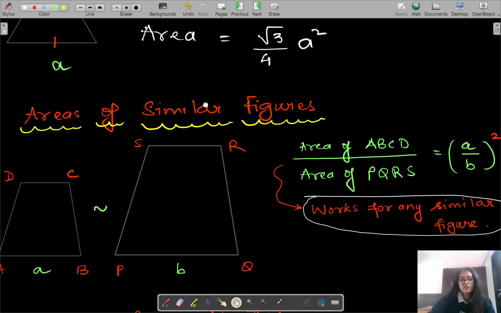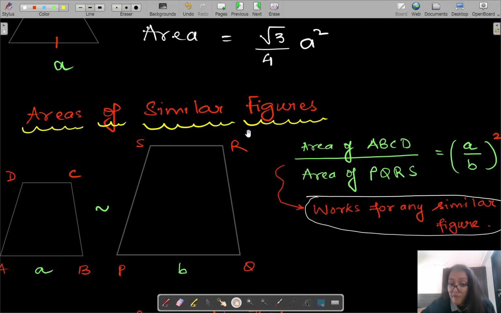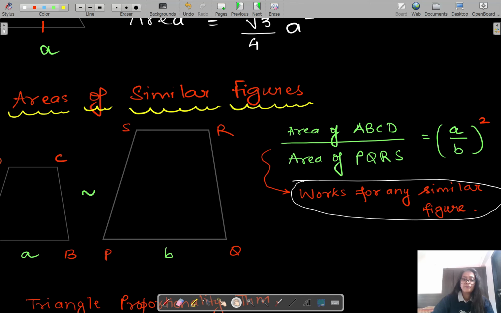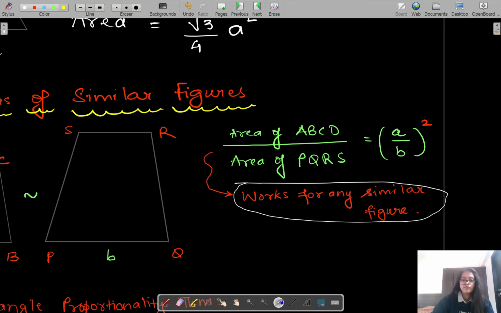Now the next concept is the concept of areas of similar figures. Here I've written figures and not triangles because this concept works for any similar figure. And that's why here I've drawn two trapezoids and not triangles. So if you have any two similar figures, then this concept will follow.